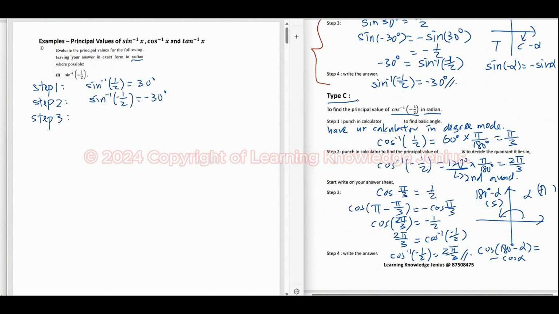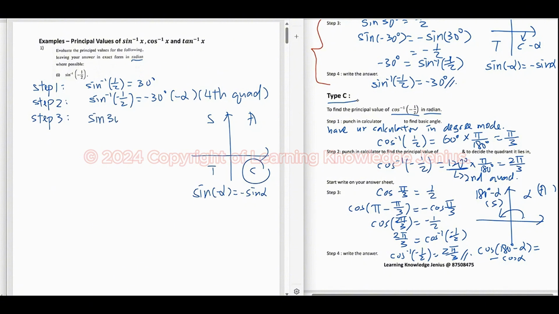So step 3, you can see that from here we can tell this is actually negative alpha in the fourth quadrant. So ASTC, you can tell that this one is negative alpha, so the sign is negative. What you will write from step 3 onwards: sine 30 degrees is equal to half.